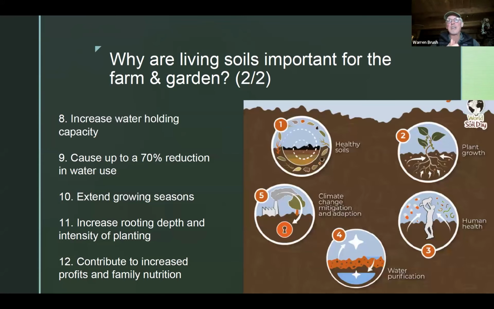They increase water holding capacity. For those of us looking at how to create a drought resilient growing system, that means the capacity of the soils to retain water, and also limiting the water usage needs of that plant or crop by having the soil biology in a healthy state.